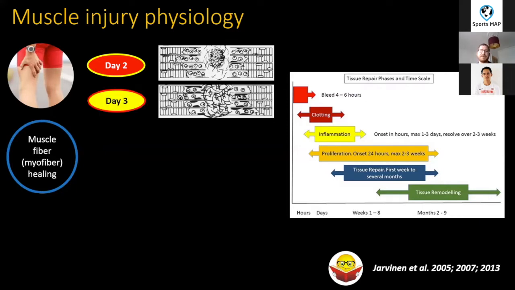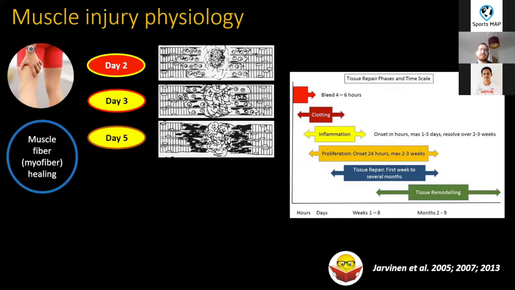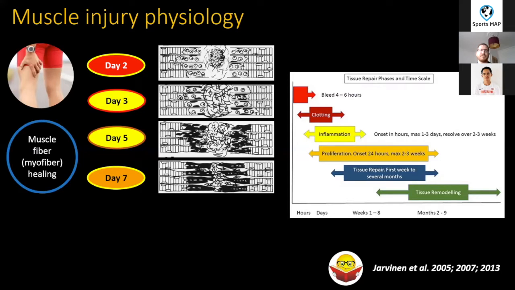So then we get on to day 3. So here satellite cells have become activated within the basal laminar cylinders. Day 5, myoblasts are fused into myotubes, and the connective tissue in the central zone has become a lot denser. Day 7, the regenerating muscle cells extend out of the old basal laminar cylinders into the central zone where the injury took place, and they begin to pierce through the scar.